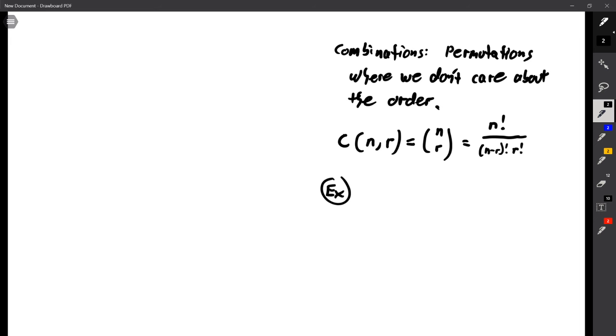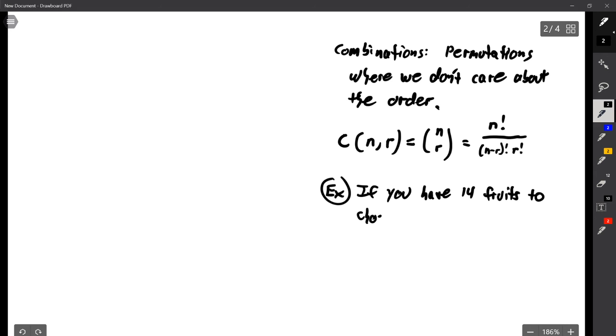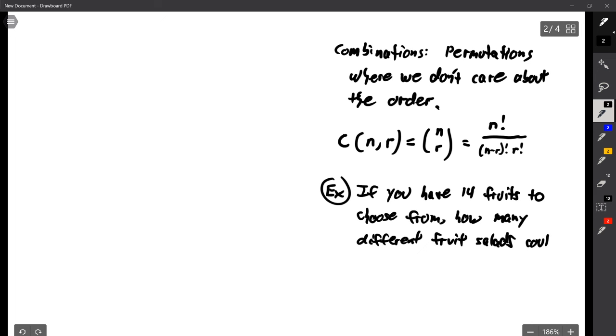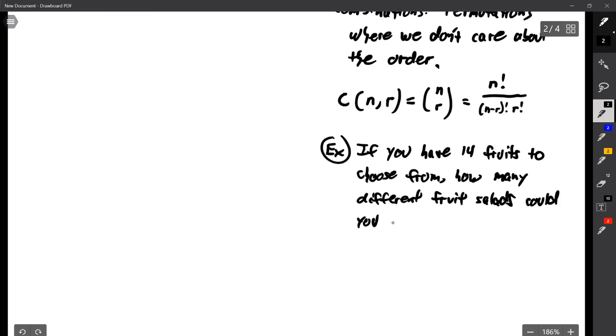So that would be like if you have 14 fruits to choose from, how many different fruit salads could you make if each uses 5 fruits?